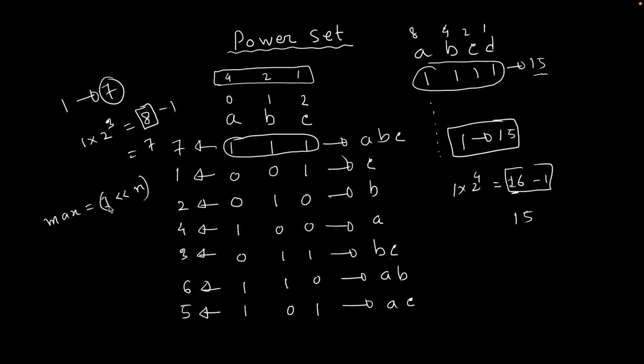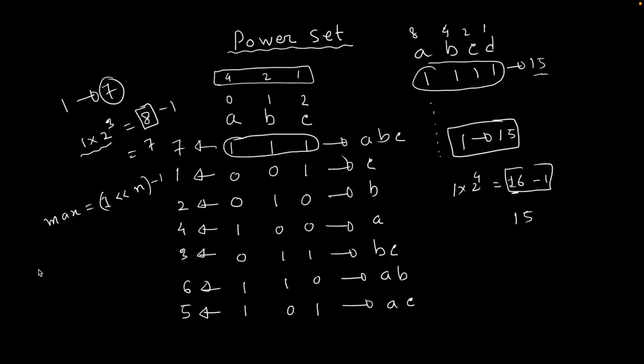We are multiplying 1 by 2, 3 times. Left shifting 1 by 1 position means multiplying 1 by 2, and this is equivalent to 1 times 2 to the power 3, and for this number it is equivalent to 1 times 2 to the power 4. So if we just subtract 1, we get the maximum number.